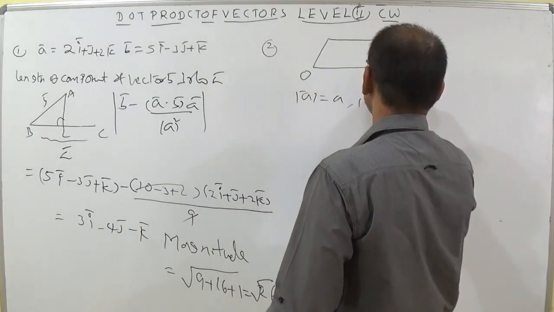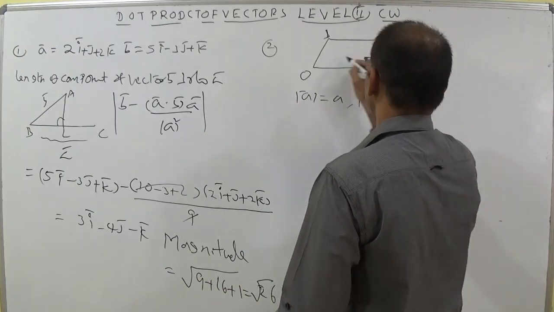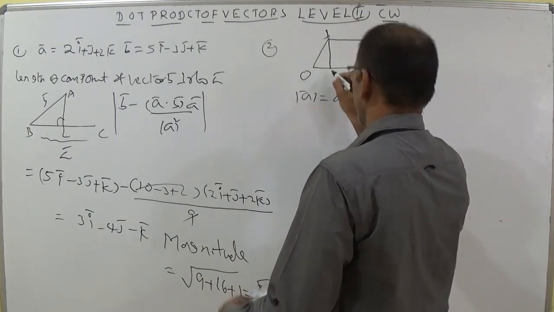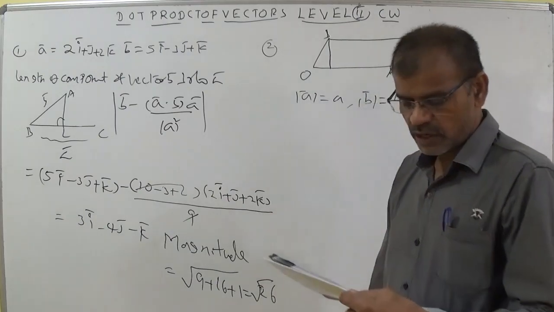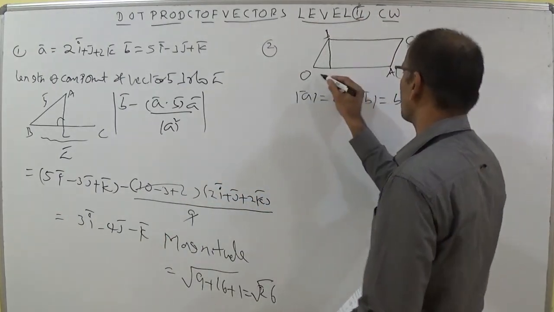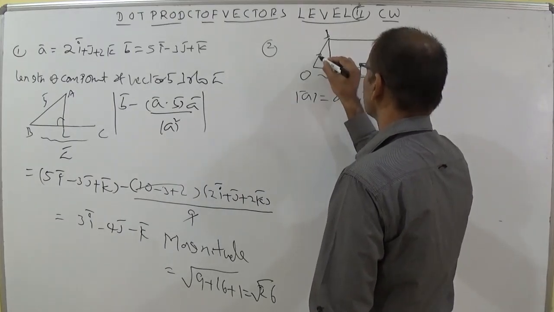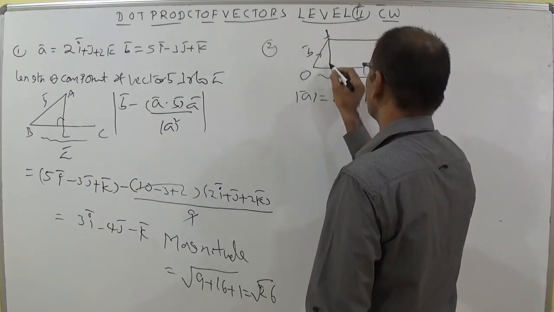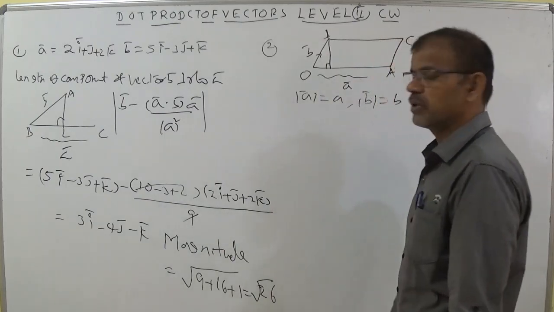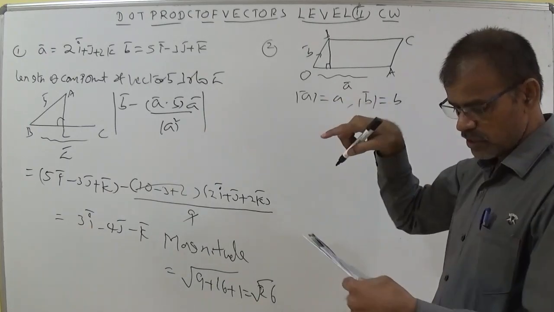Same concept. Here you put O, A, B and this is C. This is the altitude. He is asking for the vector which coincides with the altitude of the parallelogram and is perpendicular to A bar. Let the position vector of A be A bar and the position vector of B be B bar. Now you should calculate the perpendicular vector in the direction perpendicular to A bar.